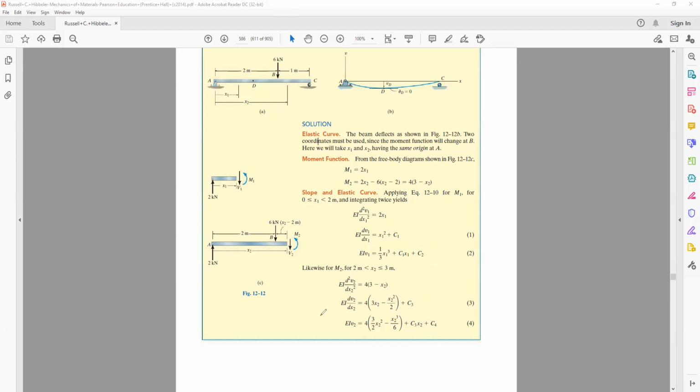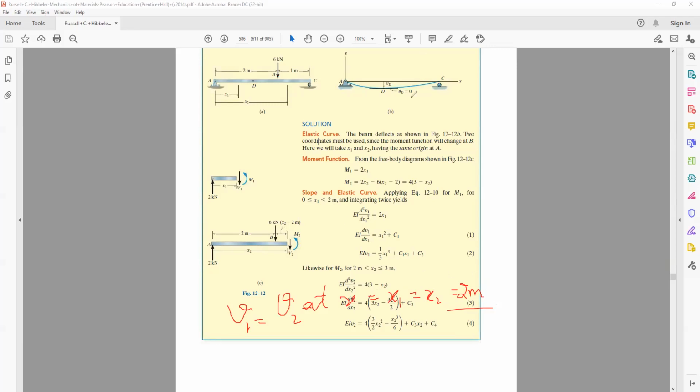So we got one more equation, that is nu1 is equal to nu2 at x equal to x1 equal to x2 equal to 2 meter. The values of the deflection given by both sides should be the same.